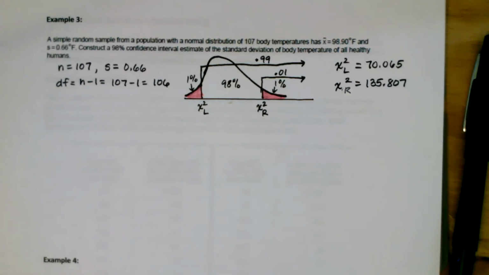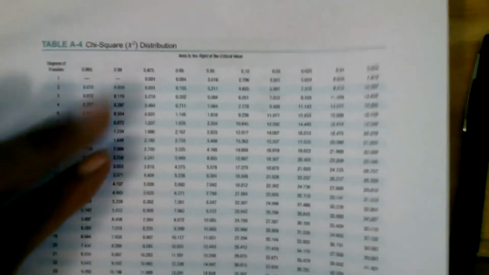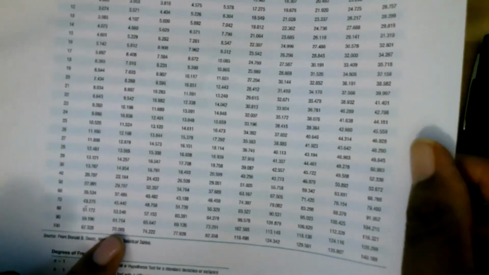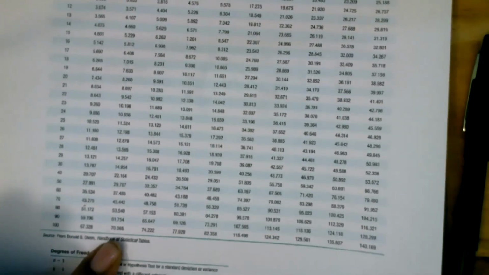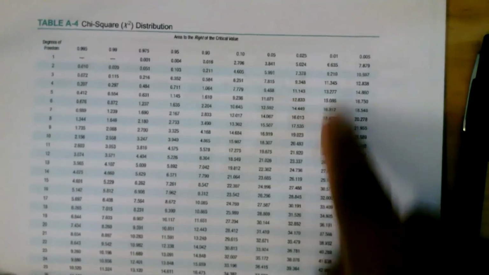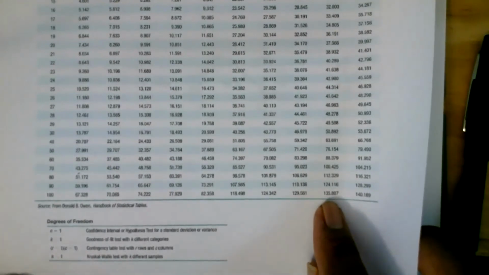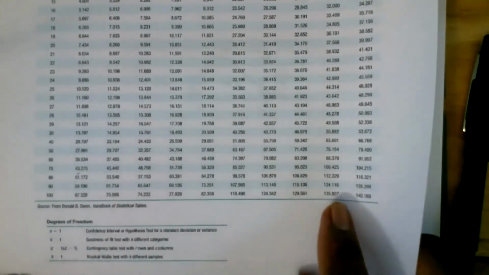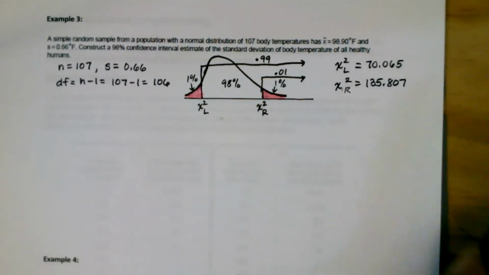I might have to show you on here because I have 0.99 right here. And if I go all the way down to 100, that will be the 70.065, which is the chi-square critical value on the left. And of course, for 0.01, that's here, go all the way down to the bottom, you'll see that it is 135.807. Those are my critical values for chi-square on the left and on the right.